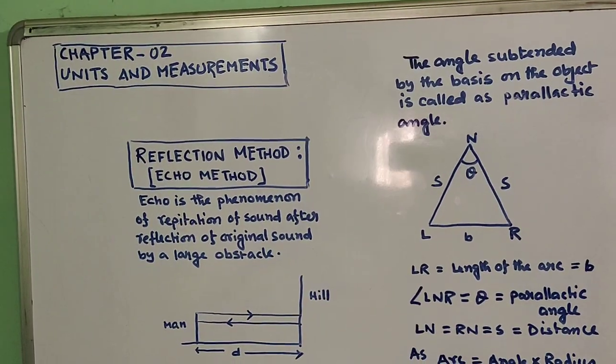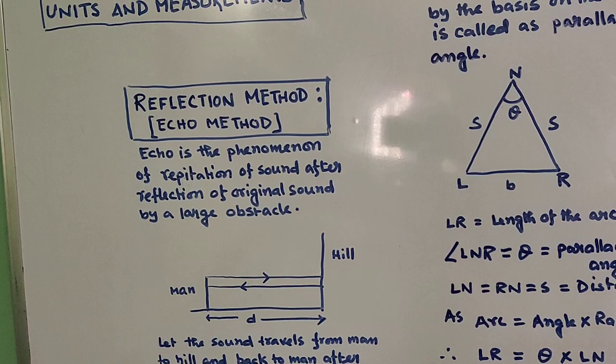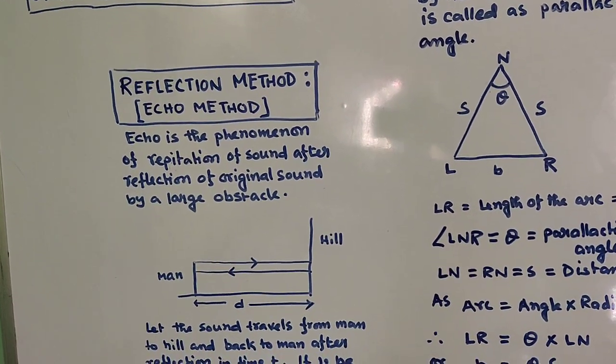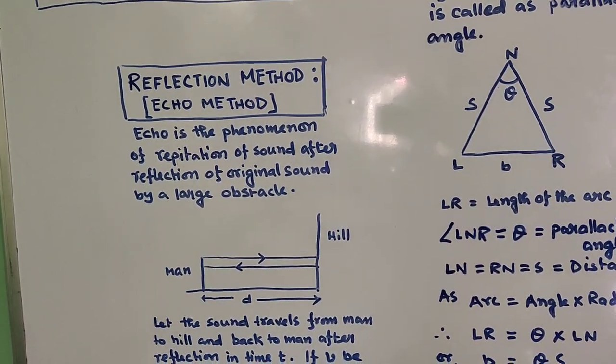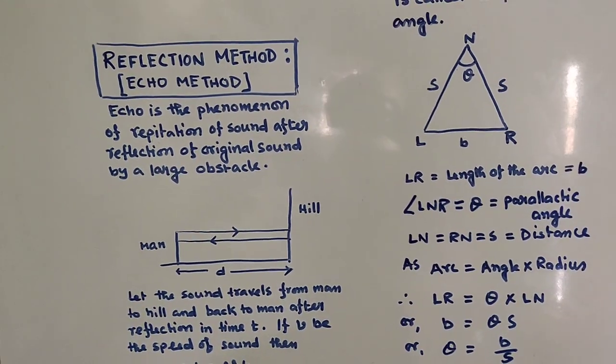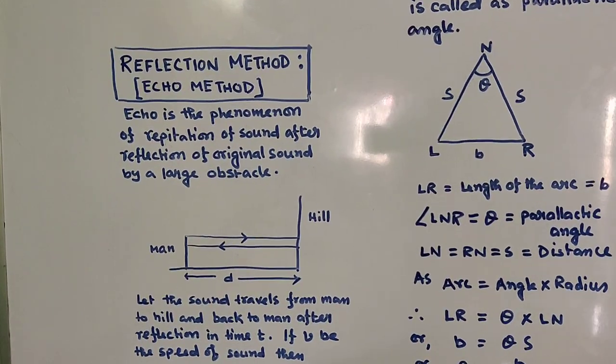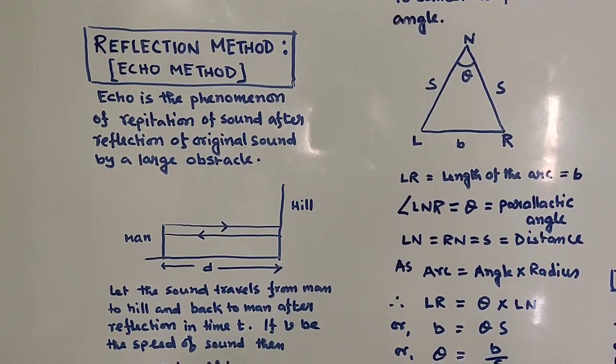Now the next method is the reflection method. Reflection, I think most of you know, is nothing but the echo method. Echo is the phenomenon of repetition of sound after reflection of the original sound by a large obstacle. So here we are going to use that parameter. Now you see a man is standing and a hill is there.